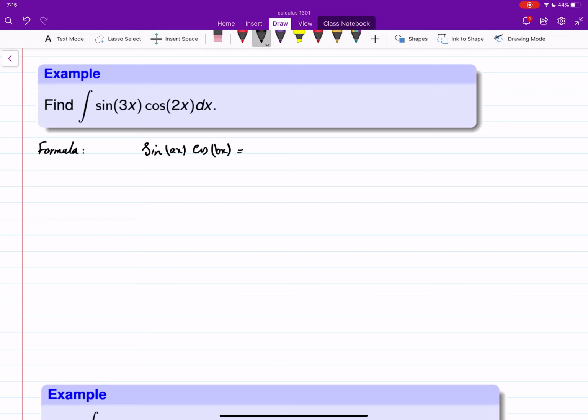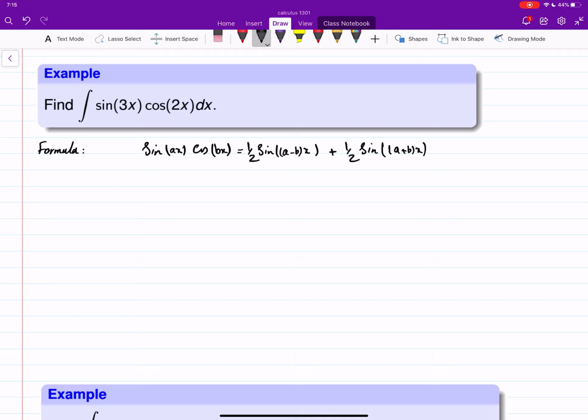So this is equal to the sum of two sines: sine of the difference of the two angles, a minus bx, and then plus sine of a plus bx. That is the formula you can get from the sum formula for sine.